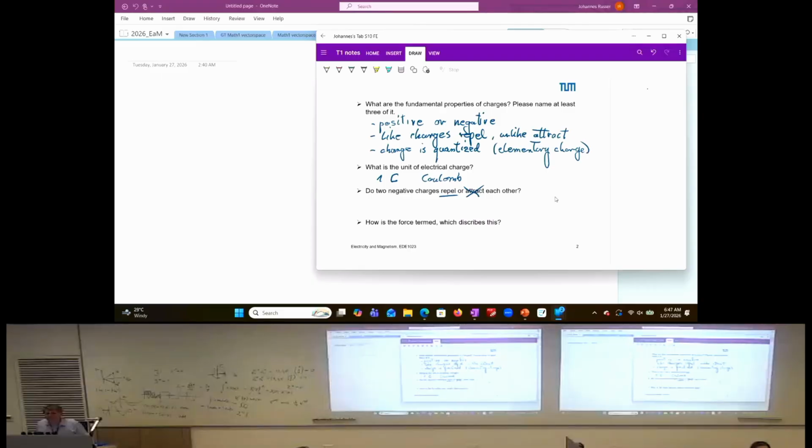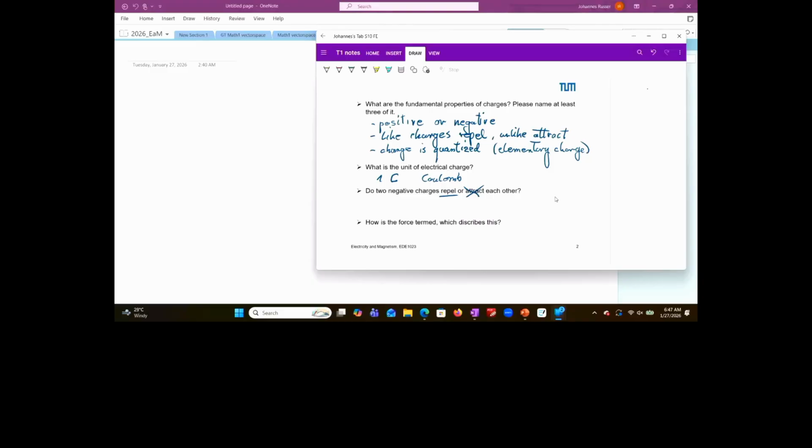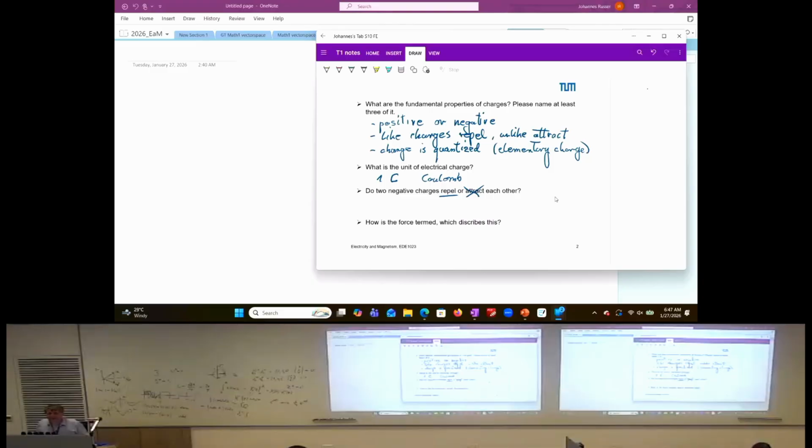What force are we talking about? Yeah, and we have another name for the law, basically, that describes this force. Yeah, electromagnetic is also good. I'm looking for Coulomb force, the Coulomb force.